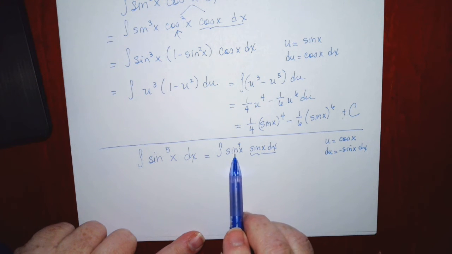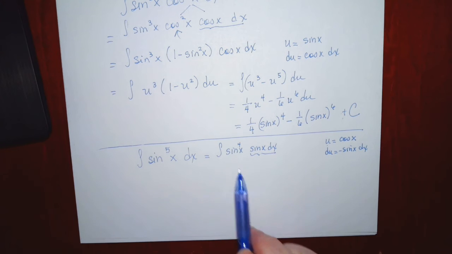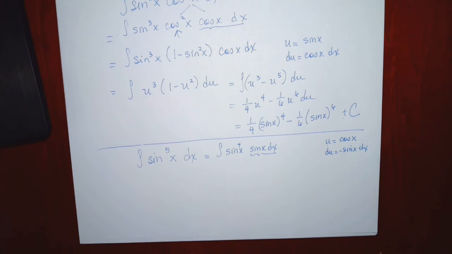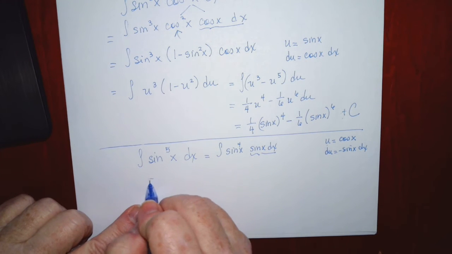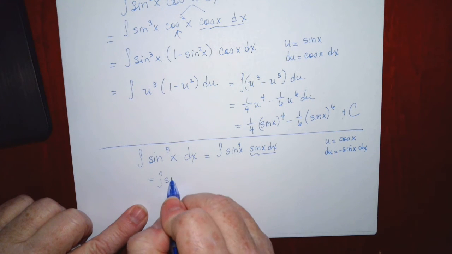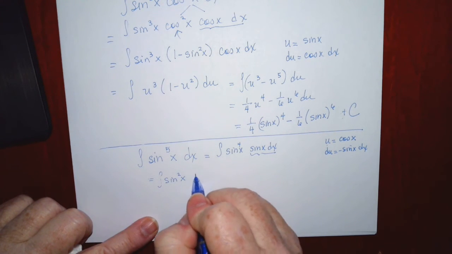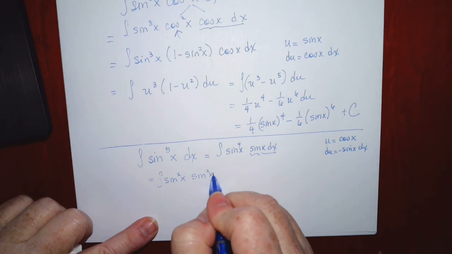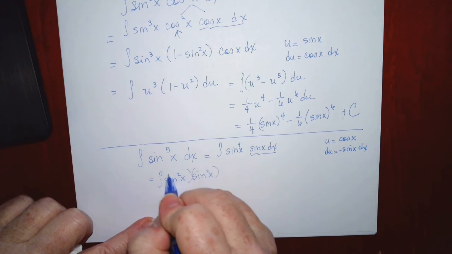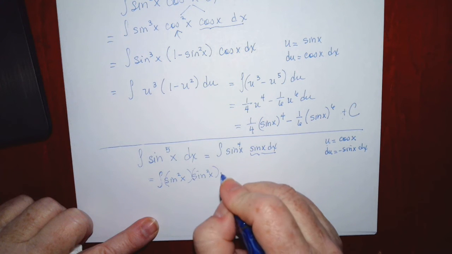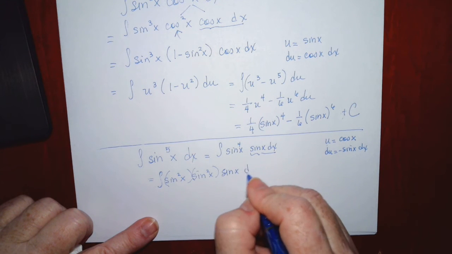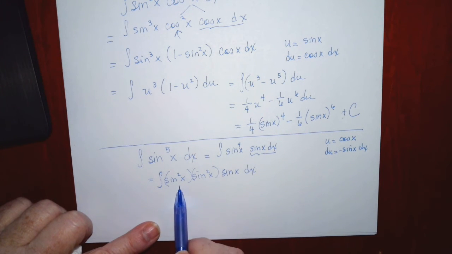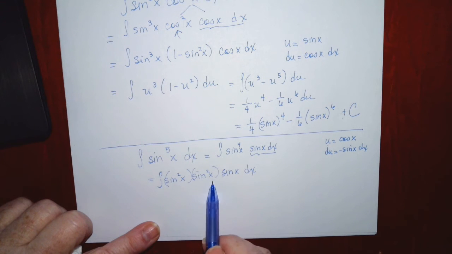That's where I want to go if I pull that off to be du. But before I can do that, I've got to rewrite these remaining sine functions in terms of cosine. So I'm going to rewrite sine to the fourth as sine squared times sine squared. And I'm going to use the Pythagorean identity on both of these.